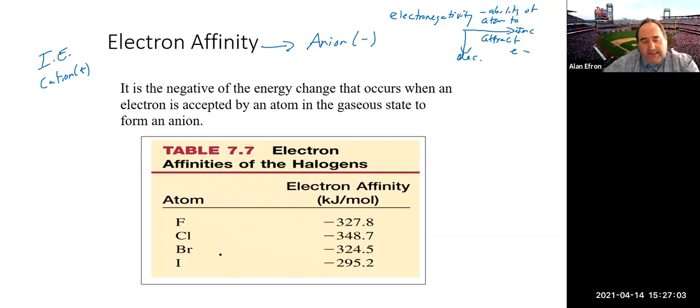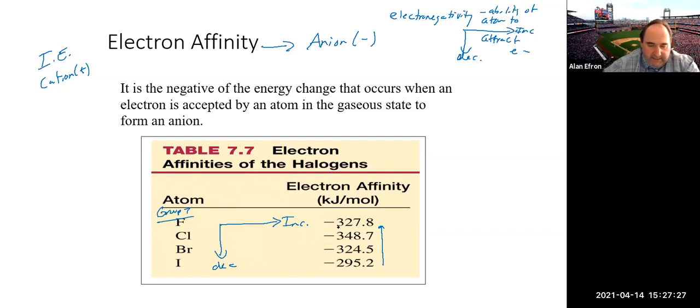The general trend is kind of similar to electronegativity as well: it decreases as you go down on the periodic table, increases as you go up. It's not perfect. So this is group 7 on the periodic table. And obviously going up on the periodic table, we see an increase in the electron affinity in terms of the change in energy that's occurring.